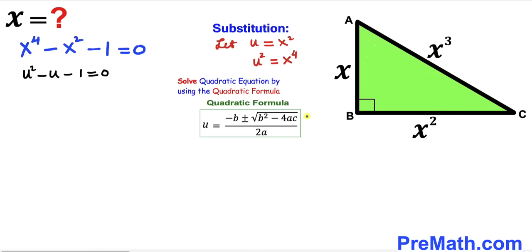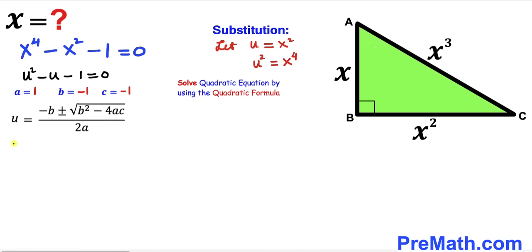Here's the quadratic formula that we'll be using. We can see our a value is 1, b value is negative 1, and our constant c value is negative 1 as well. Let's fill in the blanks in this quadratic formula. So we have u equals negative b, which is negative 1, plus or minus the square root of negative 1 squared minus 4 times a, which is 1, times c, which is negative 1, all over 2 times a, which is 1.